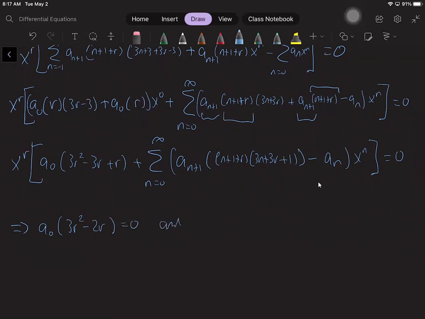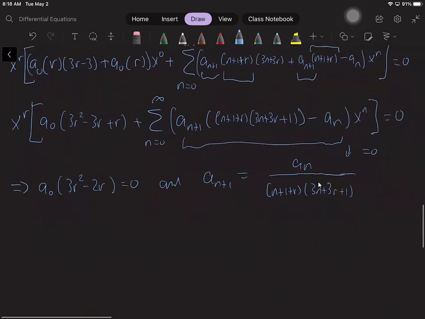And this coefficient up here, a_(n+1), I'll just get ahead and move the a_n over, as we always end up doing, and divide by n plus 1 plus r times this other thing as well. So that's coming from here, setting that equal to 0, and then solving. Okay, so then here is where we solve for r.